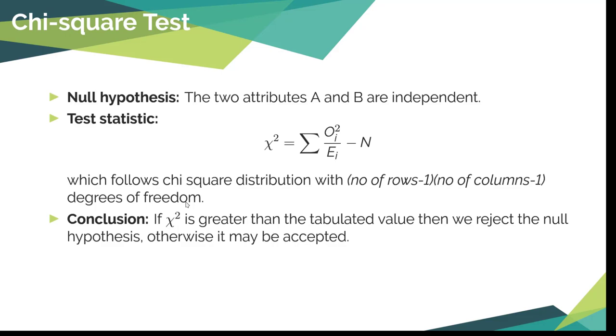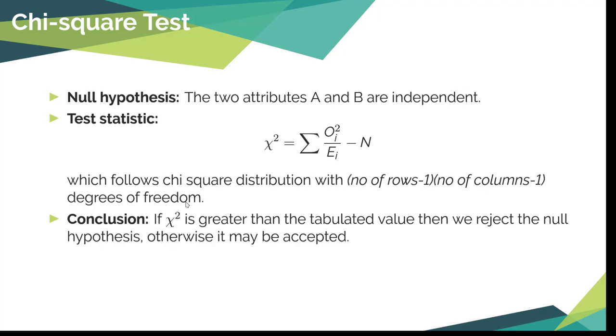Now as I have already said, the chi-square test is for non-numerical data. It is rather used for attributes, right? So what are attributes? Attributes are categorical data. When you have, for example, genders, or some kind of data related to qualities, yes or no, accept or reject kind of situation, then we use the chi-square test.